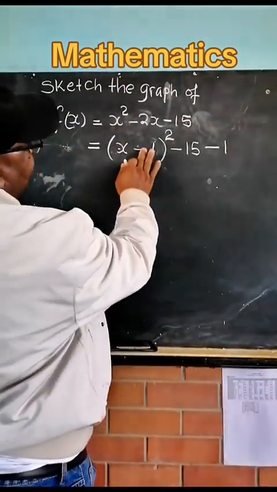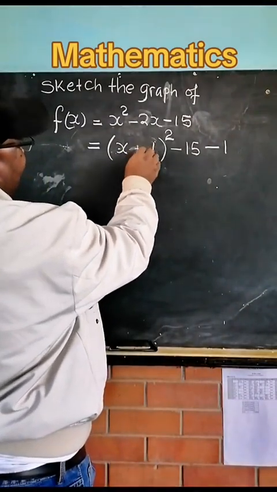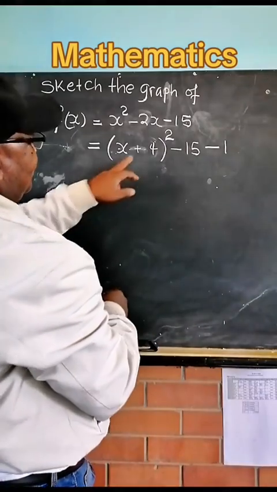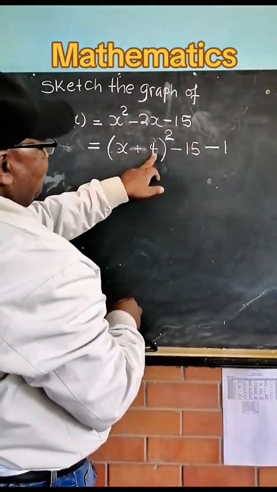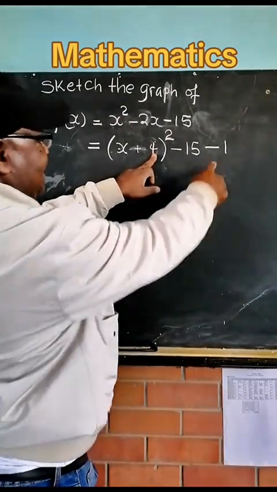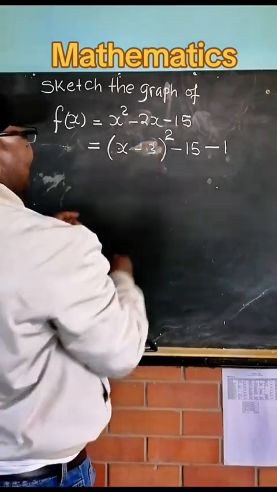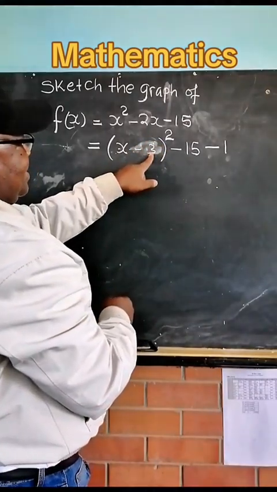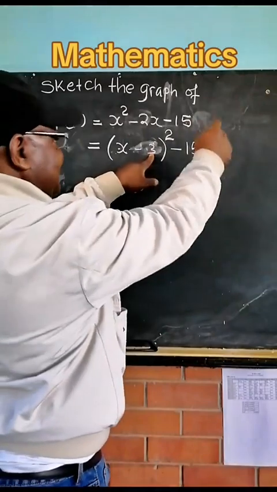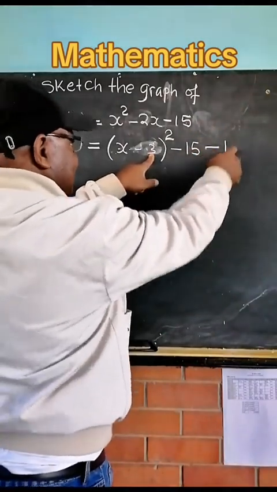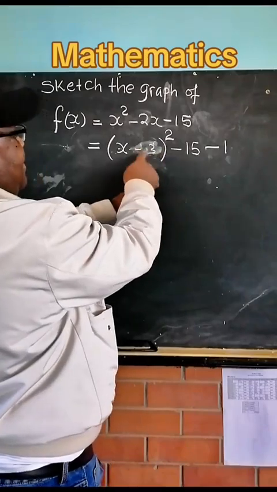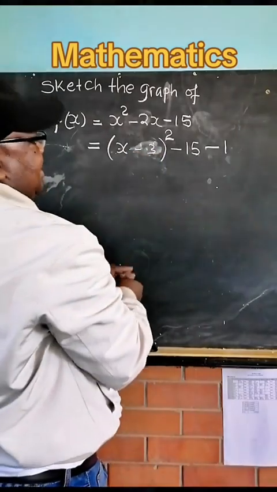Even if it was a plus 4, let's say, you are going to say, what is 4 squared is 16. Then you subtract 16. If it was a minus 3, it will be negative 3 squared, which is 9. You subtract 9. You always subtract here, no matter if it is negative or positive.